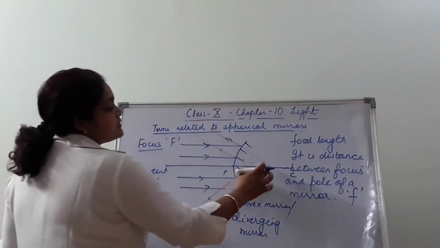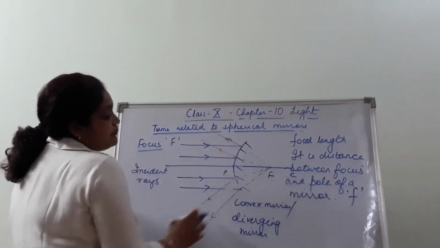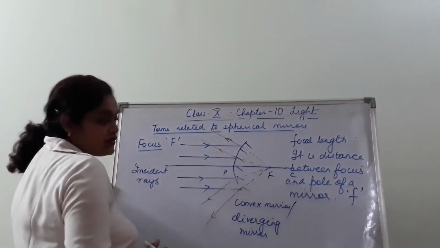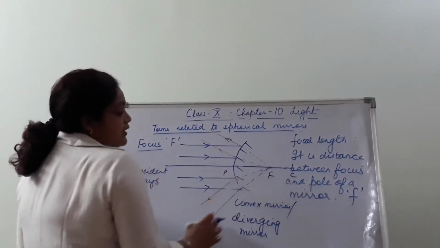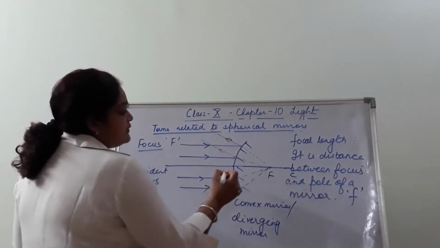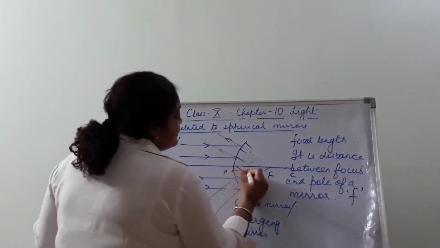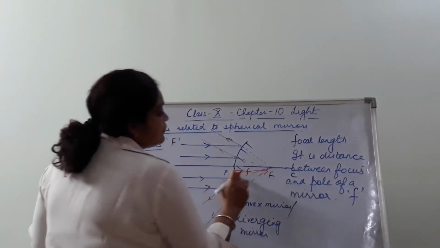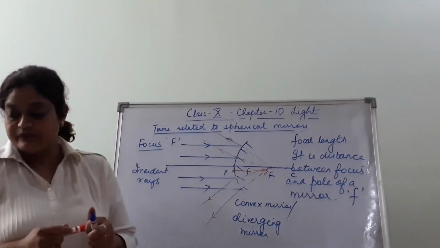Now this point is called the focus. These light rays appear to come from this focus. So this is the focus of a convex mirror. Again, the distance between pole and focus of the mirror is called the focal length.